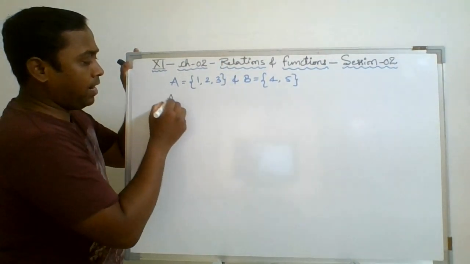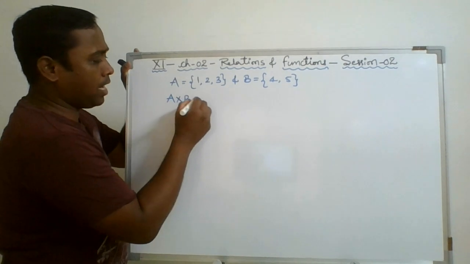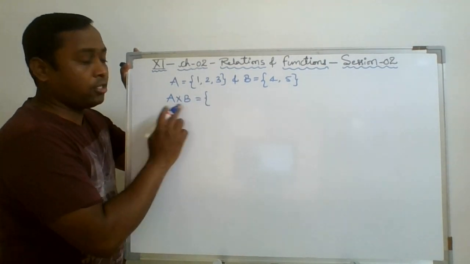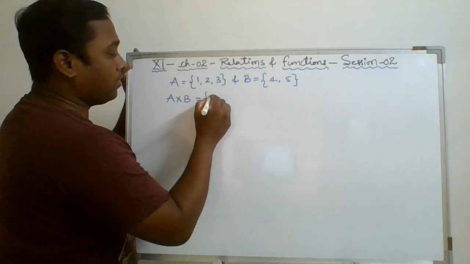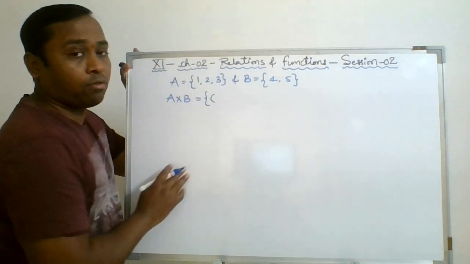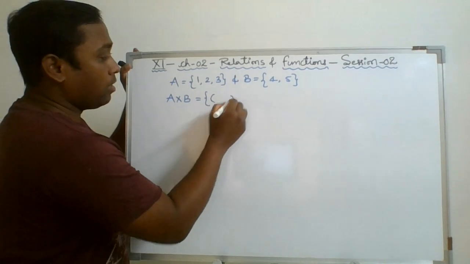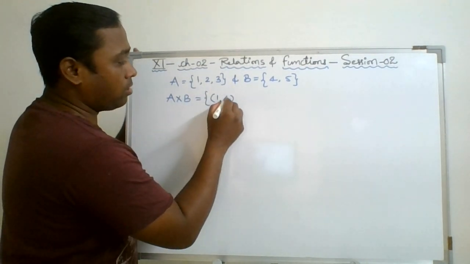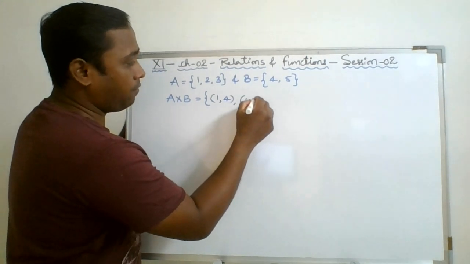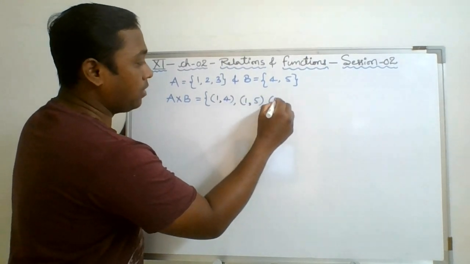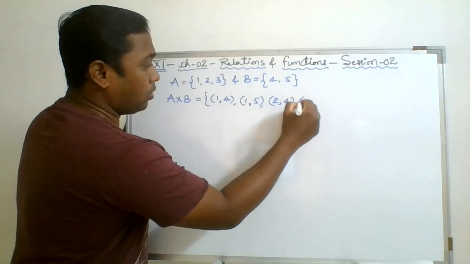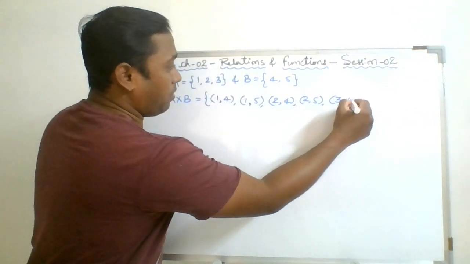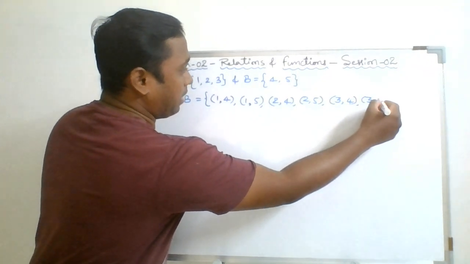Hence, now I am finding A cross B. As you know, A cross B means the Cartesian product of set A to set B. So, it contains the set of all ordered pairs, where I can write in order 1 comma 4, 1 comma 5. Then 2 comma 4, 2 comma 5. Then 3 comma 4, 3 comma 5.